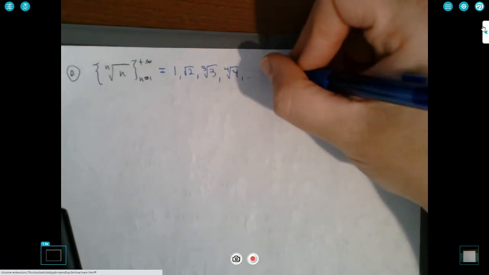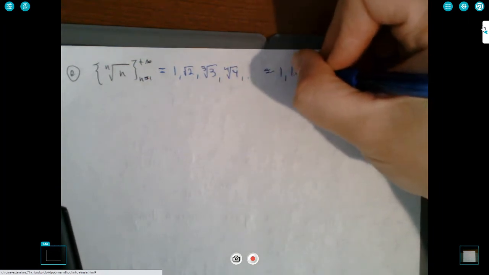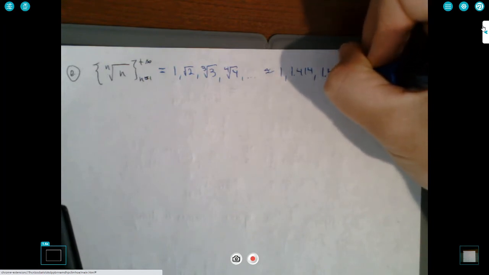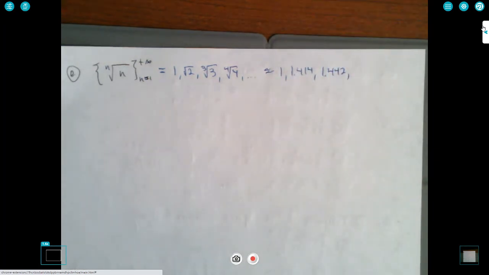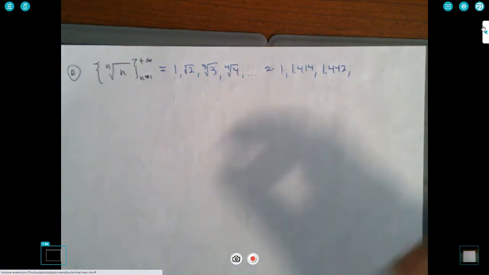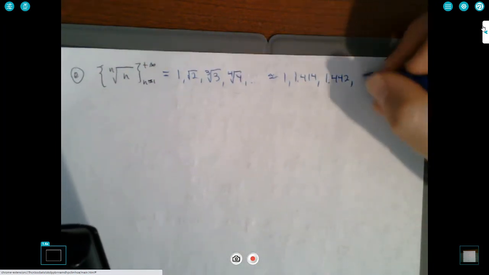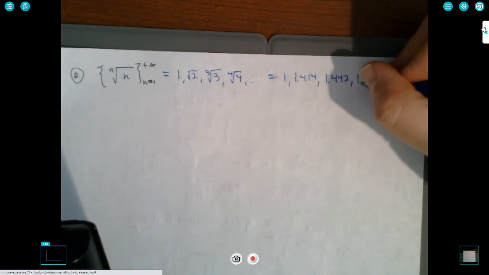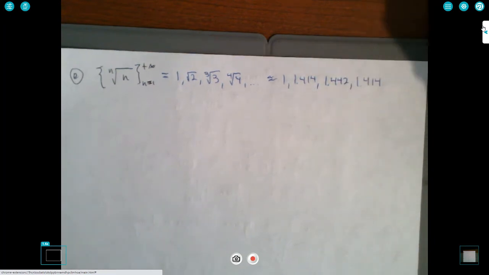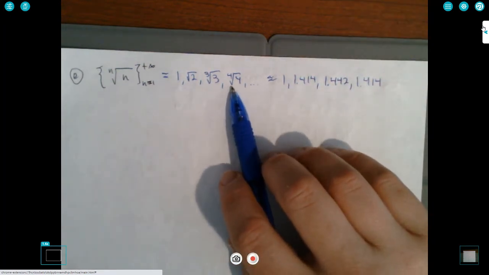But this is going to be about 1.414, 1.442. So it looks like it's kind of increasing. I wonder if that continues. So 4th root of 4 would be, no, it goes back down to 1.414. Actually, I think that's the same thing as the square root of 2.